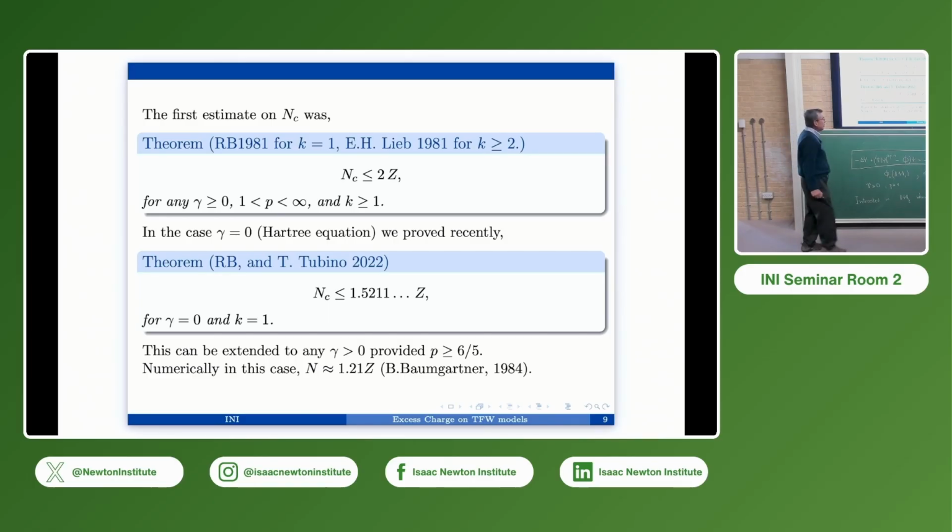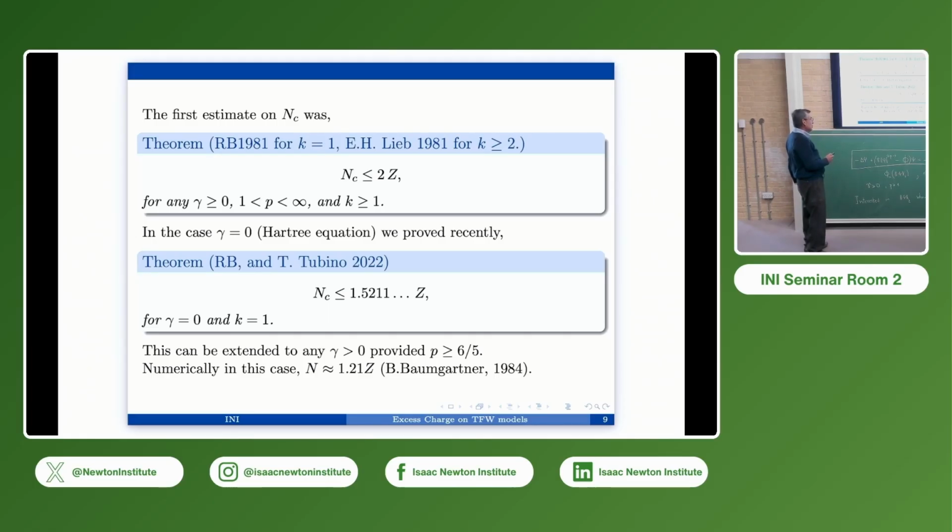And recently, in 2022, with a student of mine, Trinidad Tubino, we lowered that from 2C to 1.5 to 11C. And we only did it for the atomic case. I don't know how to do the new result in the molecular case.